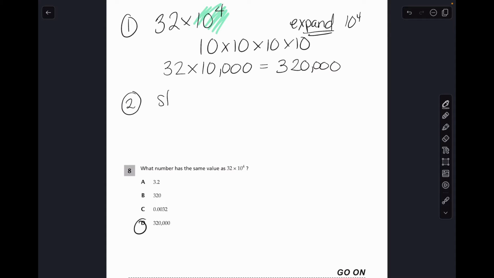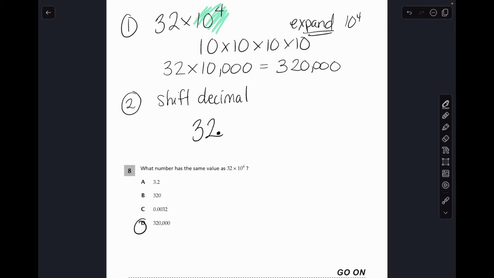Another way we can do is shift the decimal. And I see this more, honestly, in middle school, where I know I'm going to have 32. And when I think of 10 to the 4th power, my numbers are getting bigger. Every time I multiply a number by 10, I move my decimal point, and there's an invisible one right here. It's moving to the right to go bigger.